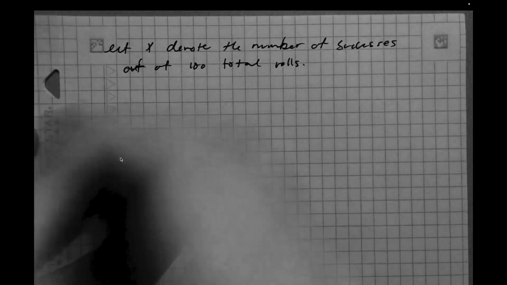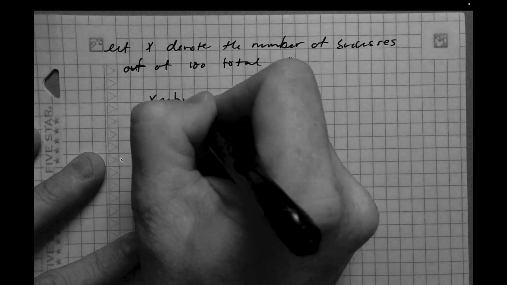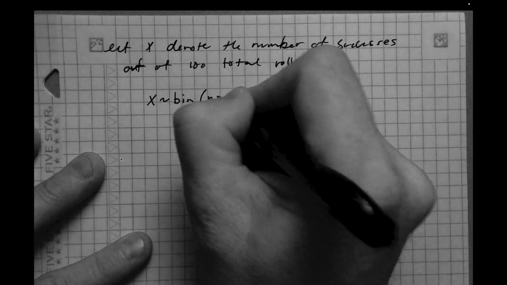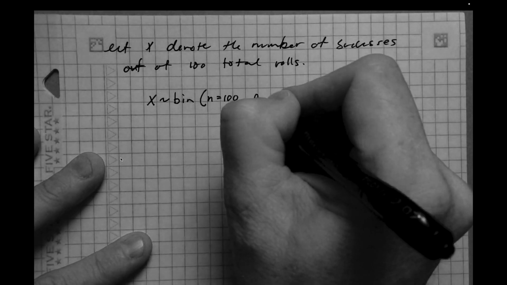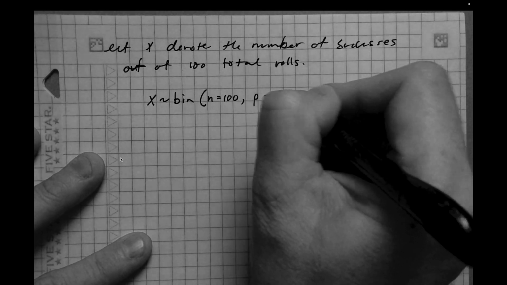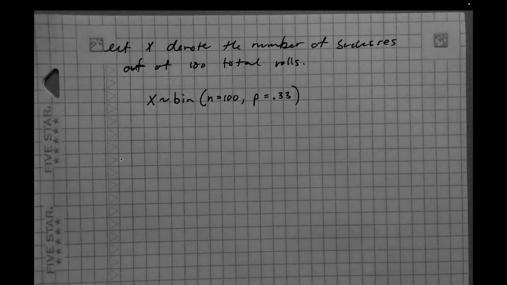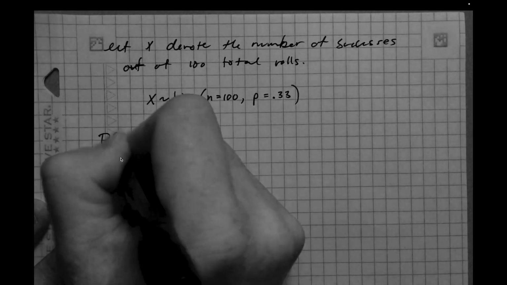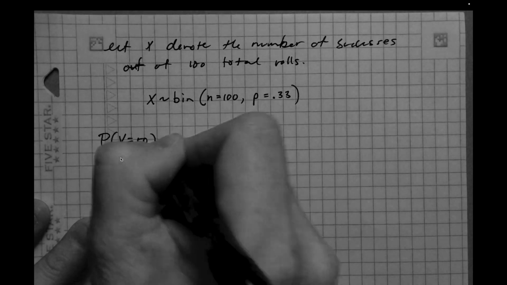All right, so x then is a binomial random variable. n is equal to 100, and p is equal to 0.33. Okay, so what we're interested in is the probability of getting a 5 or 6 on 50 of the 100 rolls. So what we want to know is the probability that x is equal to 50.